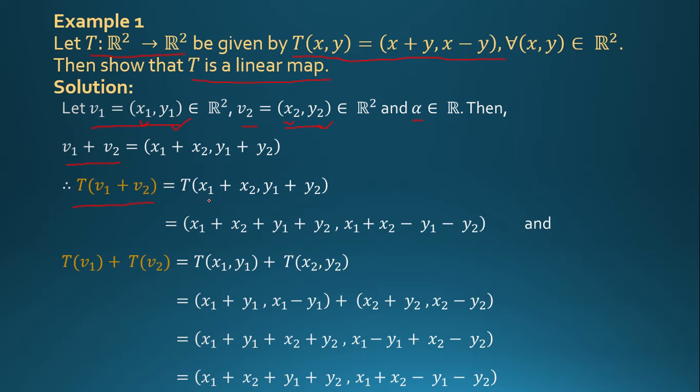So T of (x1 plus x2, y1 plus y2), from the definition, is (x1 plus x2 plus y1 plus y2, x1 plus x2 minus y1 minus y2). This is the transformation of V1 plus V2.